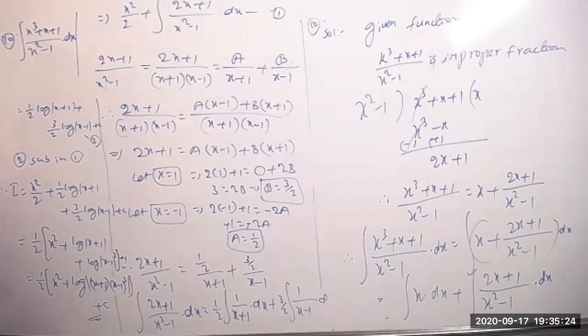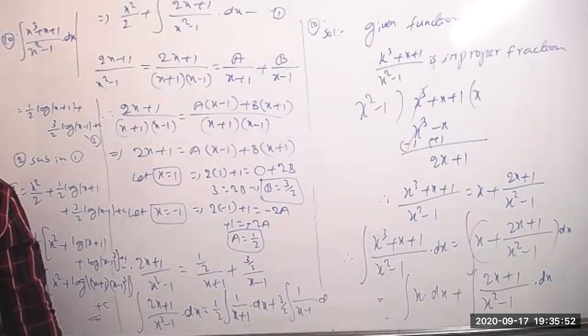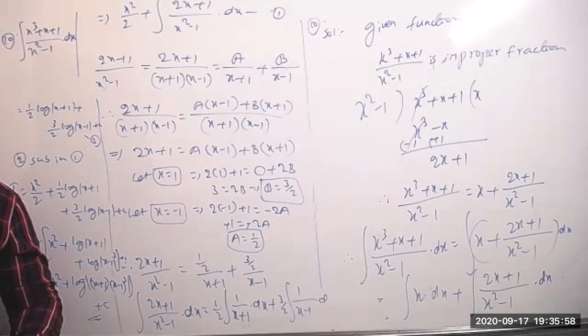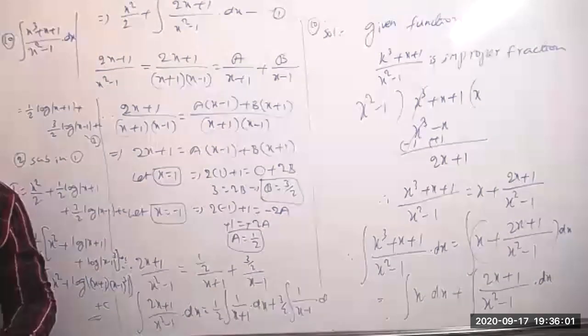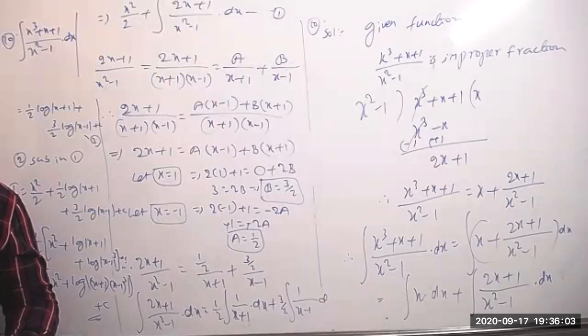Okay, these are the questions, both proper and improper, using rule 1. After completing this, remind me, and then I will do the second rule. What is the second rule? Please tell me, anyone. I gave 3 rules to you in partial fractions. One is the denominator contains linear factors that are not repeated. Rule 2 is linear factors are repeating.